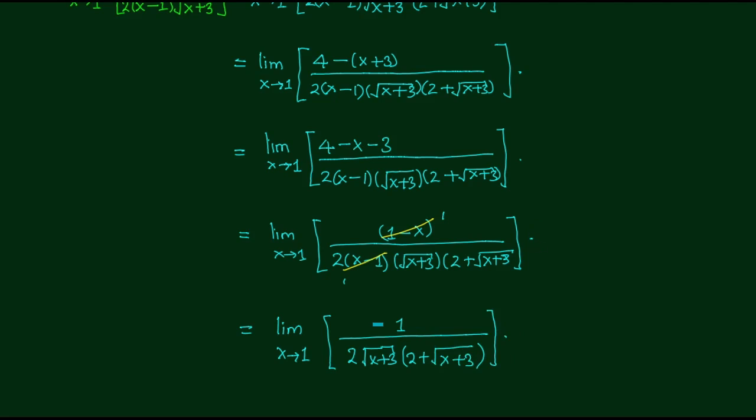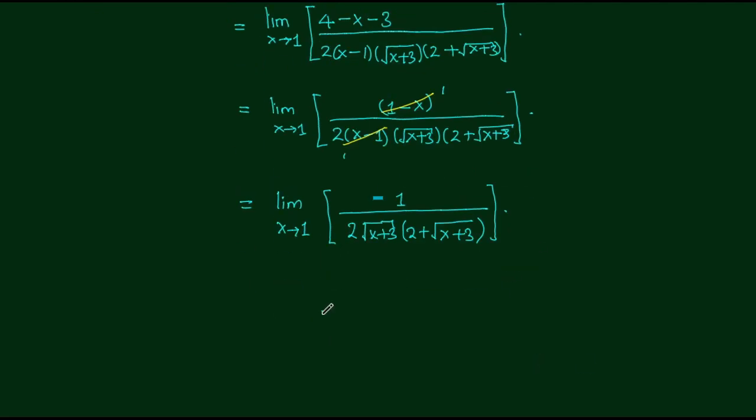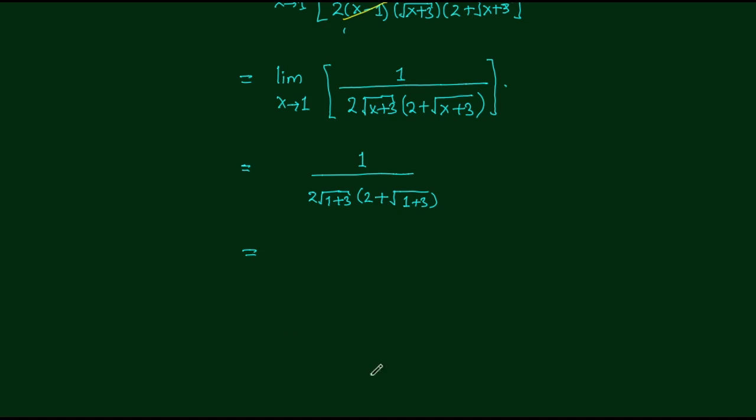Now since the numerator is already a rational number, we can go ahead and make our substitution of x to our function here. So the numerator is having 1 and denominator is having 2 times x, which is 1 plus 3 multiplies by 2 plus root of also 1 plus 3, and we continue simplifying.